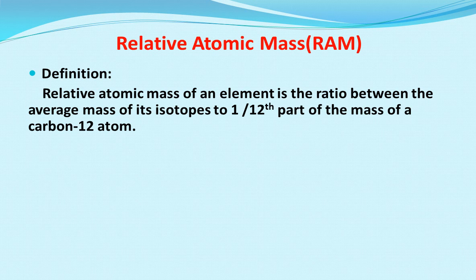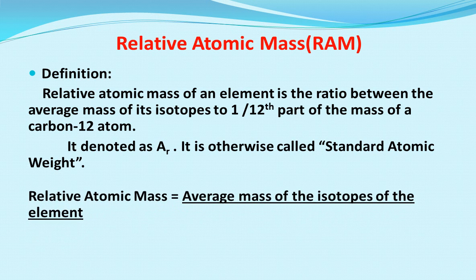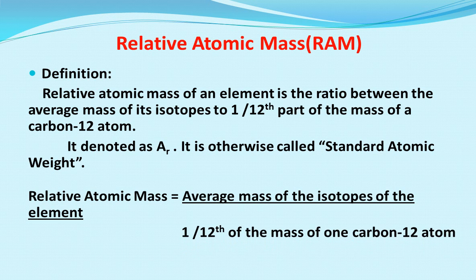Every atomic mass is compared with the 1/12th part of the mass of a carbon-12 atom. It is denoted as Ar, that means relative atomic mass. It is otherwise called standard atomic weight. So relative atomic mass is equal to the average mass of the isotopes of the element divided by 1/12th of the mass of one carbon-12 atom.